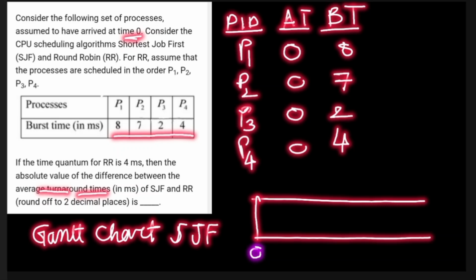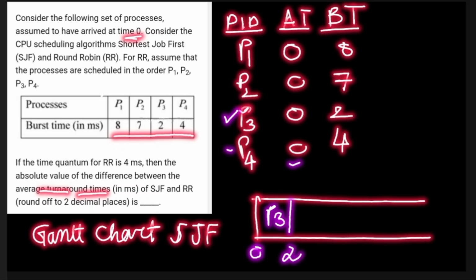As all the processes have arrived at 0, we have all the processes now. The shortest burst time is P3. P3 has the shortest burst time, so P3 will execute first. P3, it's 2.